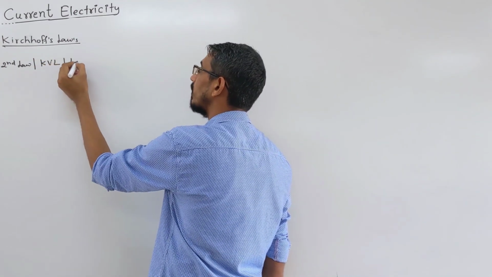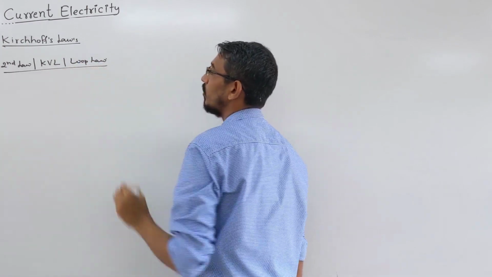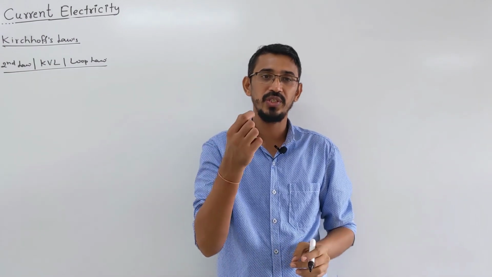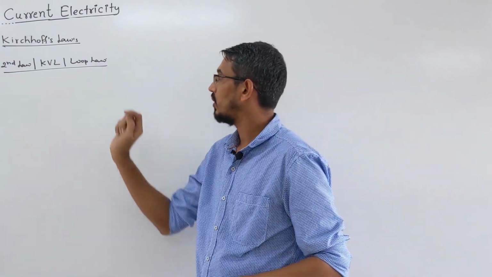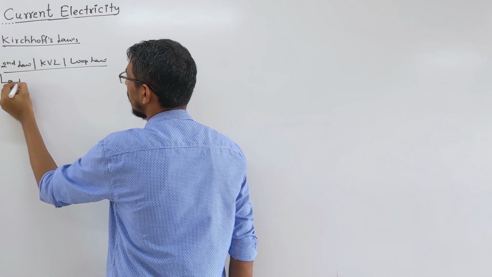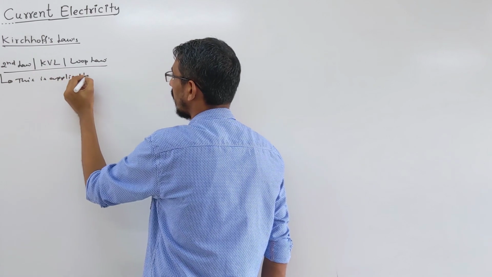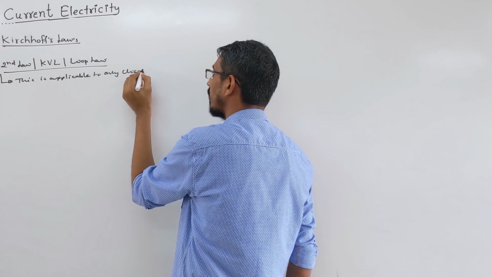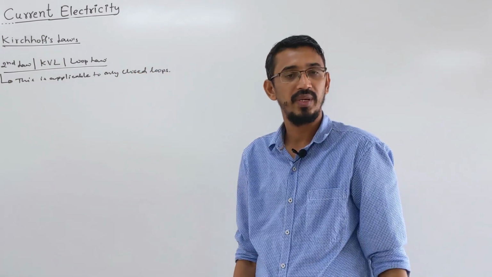You also call it the loop law, because we apply it to a closed loop. The first law you apply to a junction, which may be in an open loop or a closed loop, but this law applies only to closed loops. If you have a closed loop, only then can you apply this law.